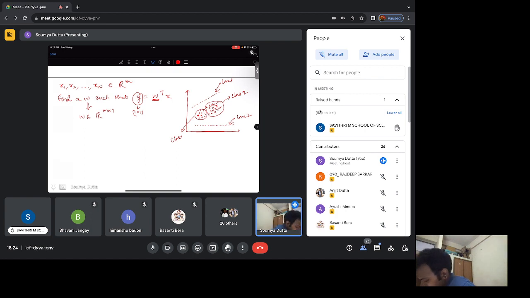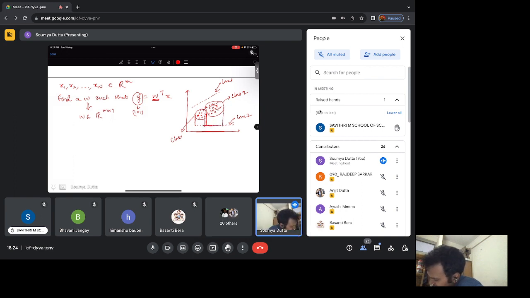Now see what happens is, okay, let me draw it here only, that might be easier. If you are projecting to line 2, that means all your class 1 will be more or less here, and all your class 2 may be more or less here.